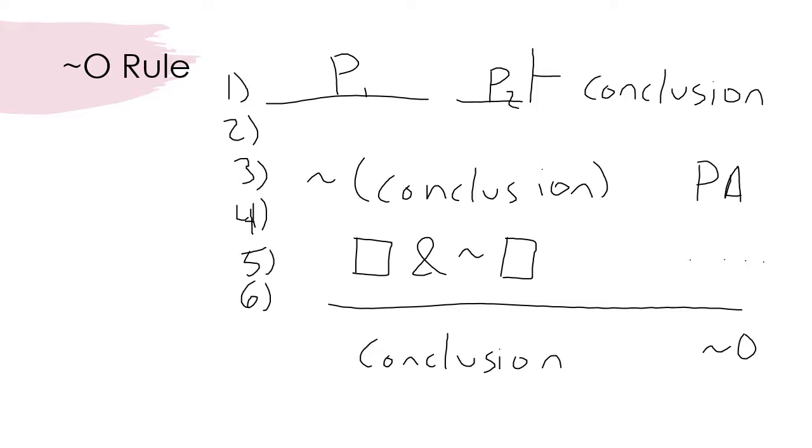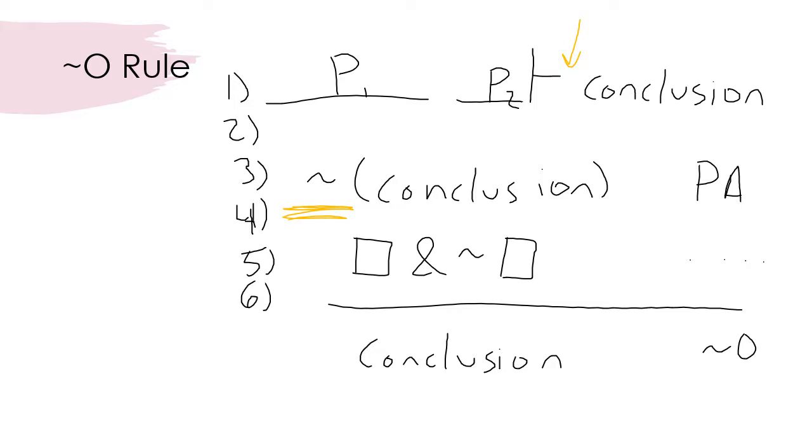So what the tilde out is doing is it's removing this tilde that's next to the conclusion. So it's going to look very much the same as a tilde in rule. The only difference is that the conclusion doesn't have a tilde as the main operator. The conclusion is simply something that you can't prove given the premises that you have.